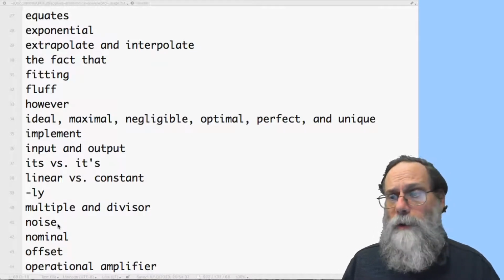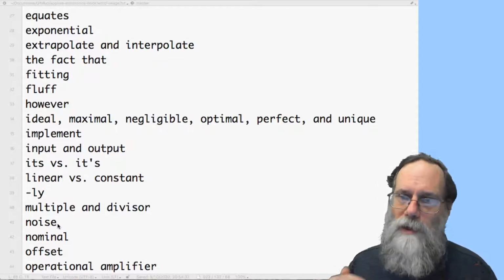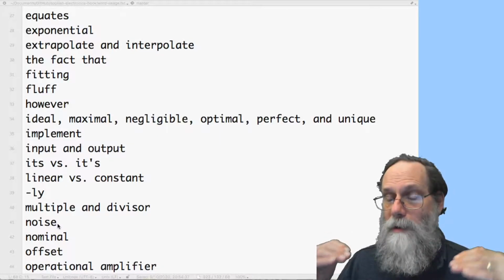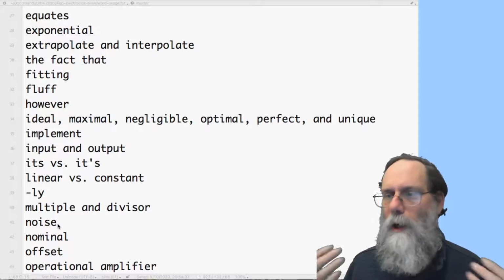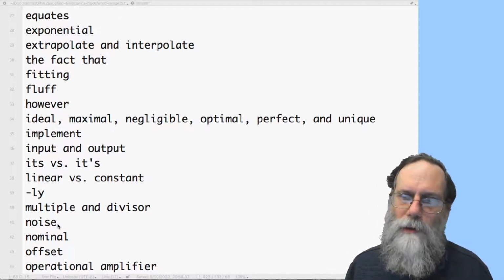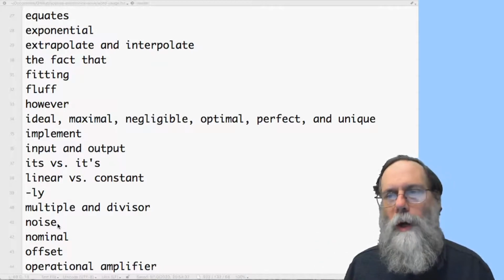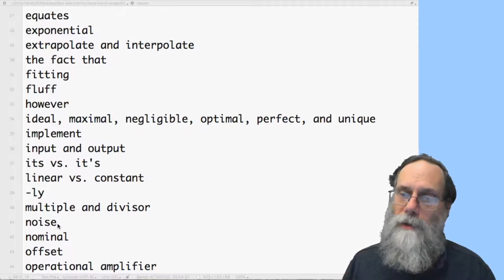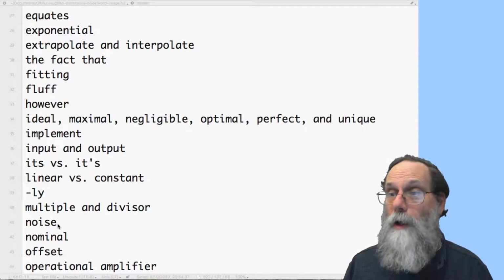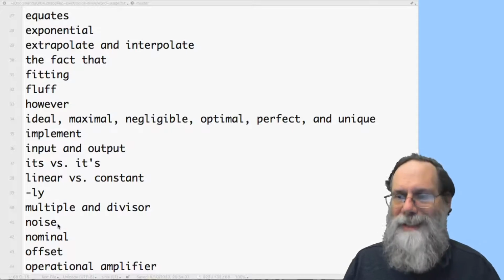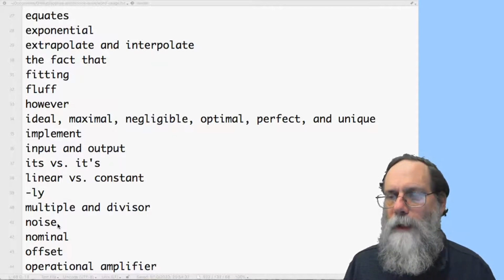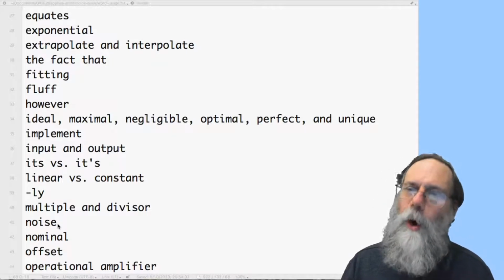And we only use it really for time-varying additions to signals. If you've got just a DC offset or DC bias, call it an offset or a bias. Don't call it noise. Noise is quite often used just for what's sometimes referred to as random noise, where there is no inherent structure to the signal that's interfering with the signal you want.